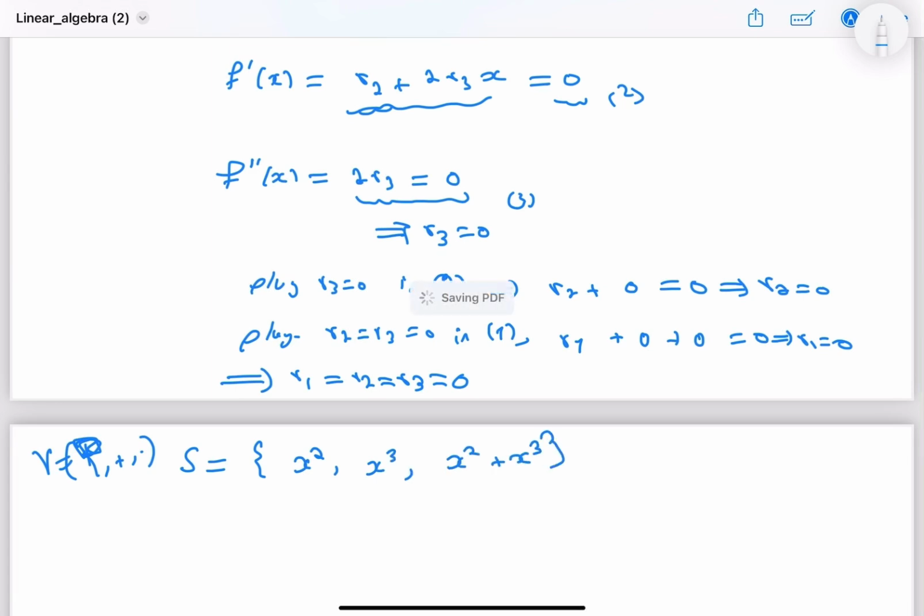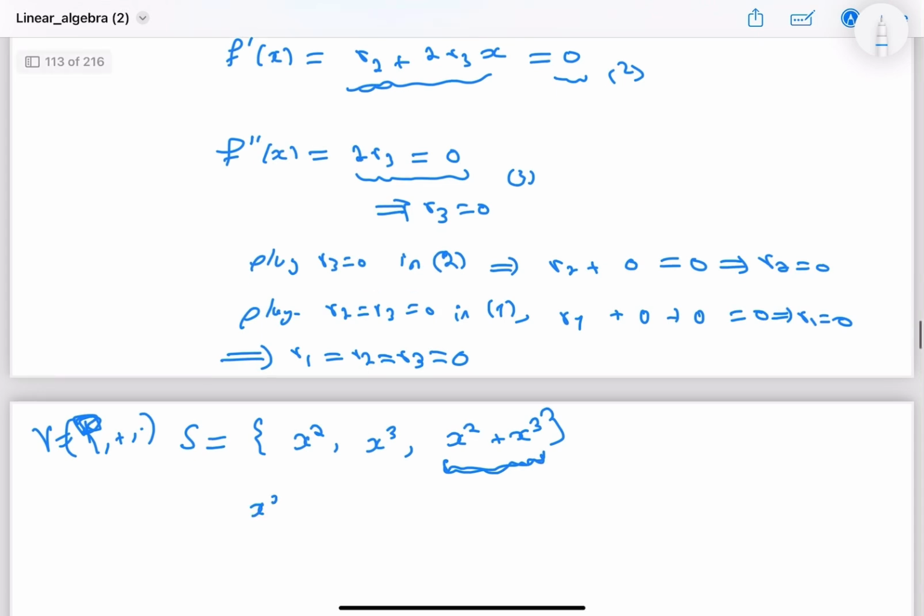If you take this set, well, this is certainly linearly dependent. Why is that? Because you can write one of the vectors as a linear combination of the others, right? x squared plus x power 3 is literally the first polynomial plus x power 3.